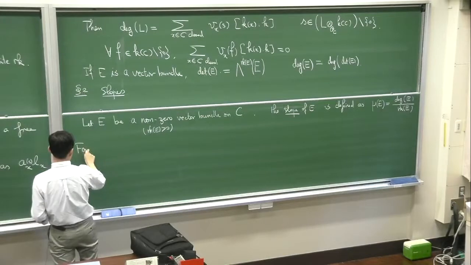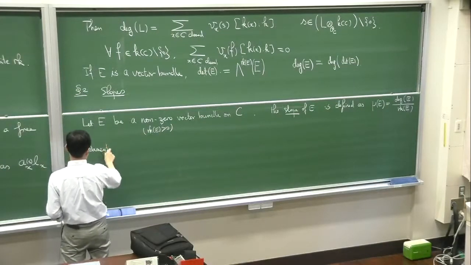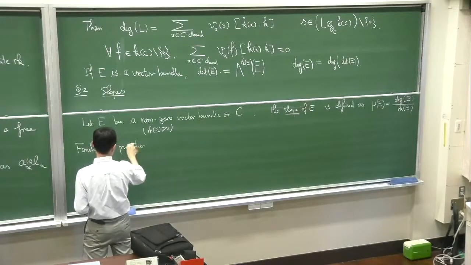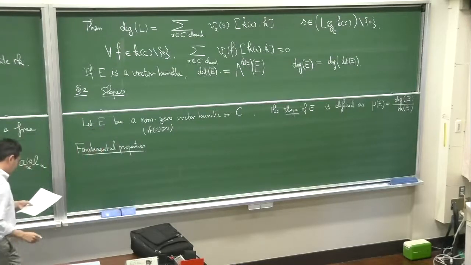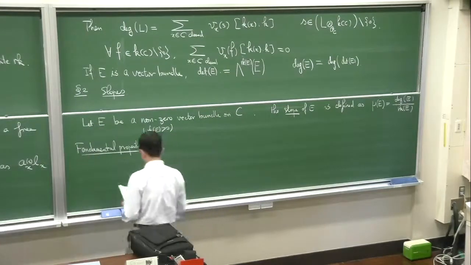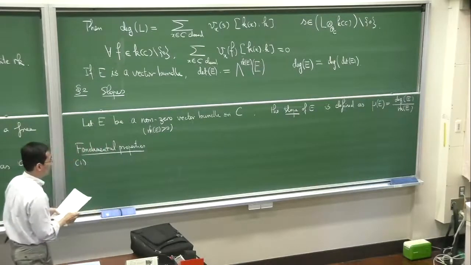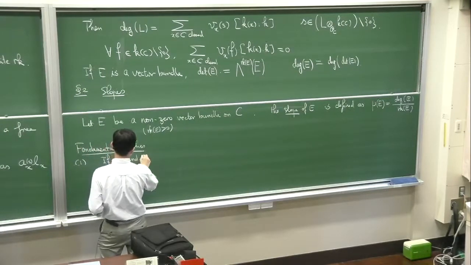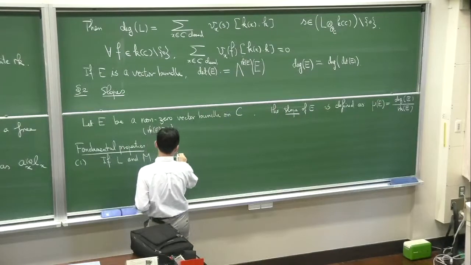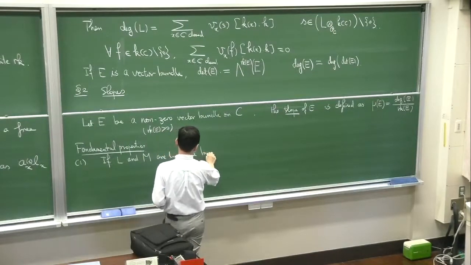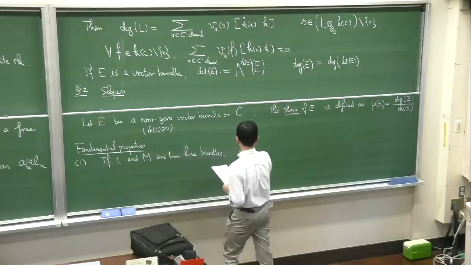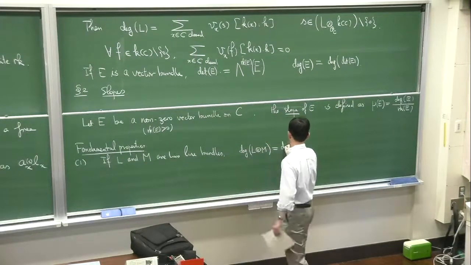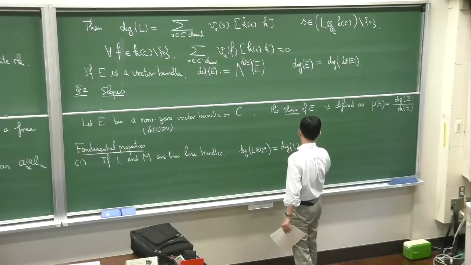Some fundamental properties of degree and slopes. The first property is about the tensor product of two line bundles. If L and M are two line bundles and you compute the degree of the tensor product of L and M, you will find the sum of their degrees.